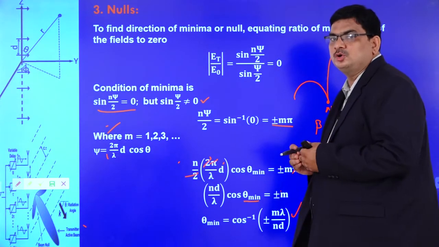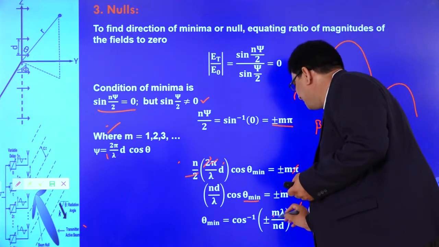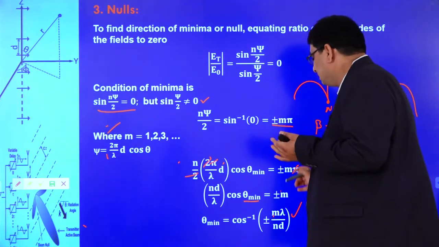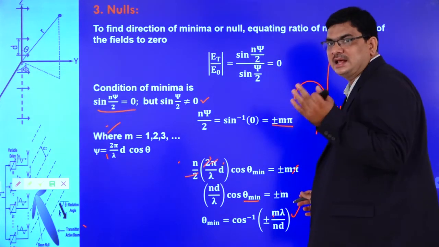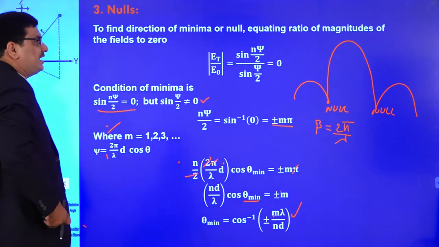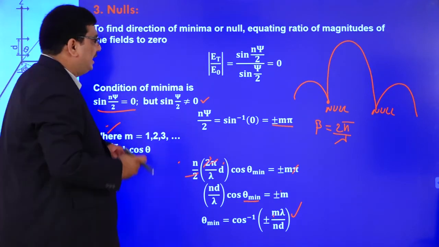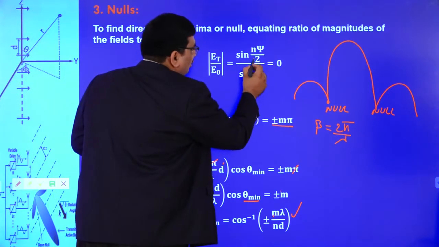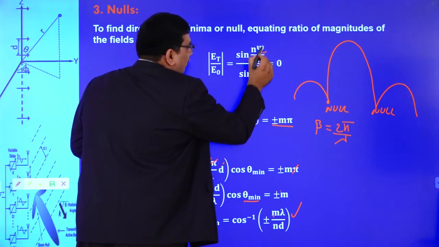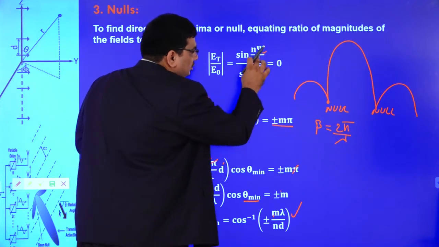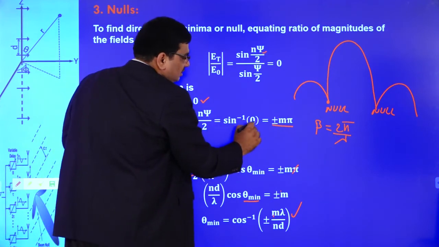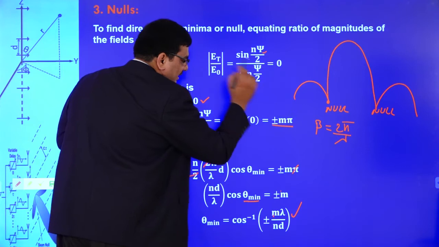Suppose you want to find out how many nulls there are, you substitute m equal to 1, m equal to 2, like that you can substitute different values of m, then we can find different nulls in different positions. So to find the nulls, we are equating the magnitude to 0, so sin(nψ/2) equals 0, and substitute ψ equals βd cos θ in this expression, and finally nψ/2 equals sin inverse of 0, that is equal to plus or minus mπ.